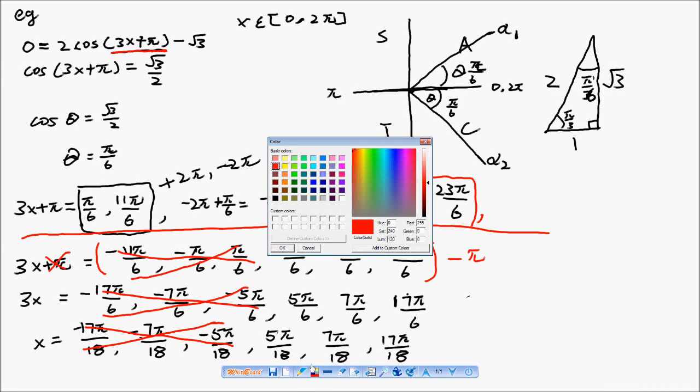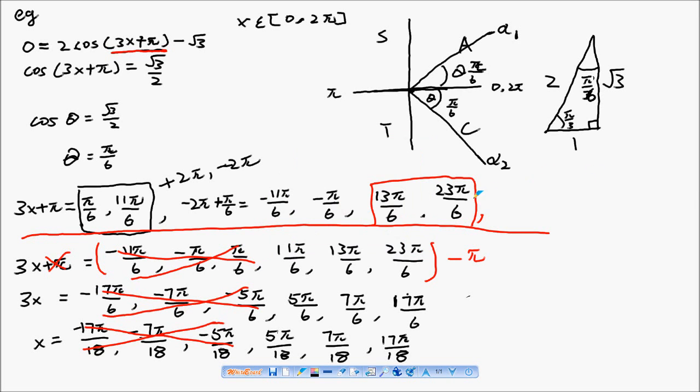So the value when we plus 2 pi on this number, I will have 25 pi on 6, and when I plus 2 pi on this number, it's going to be 35 pi on 6.